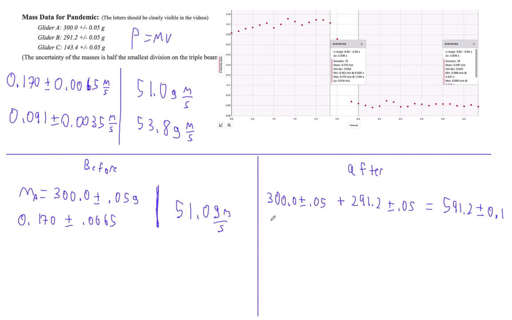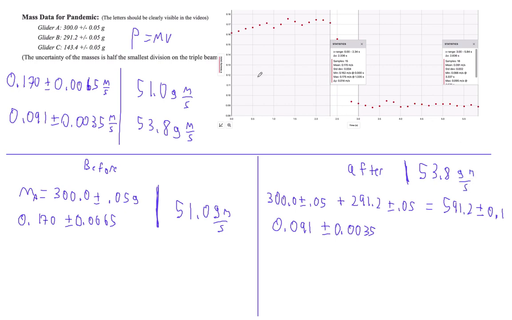Now here, my velocity after is 0.091 plus or minus 0.0035. I'm feeling bad there's not a zero there. And notice that we arrived, in this case, at a momentum of 53.8 gram meters per second.